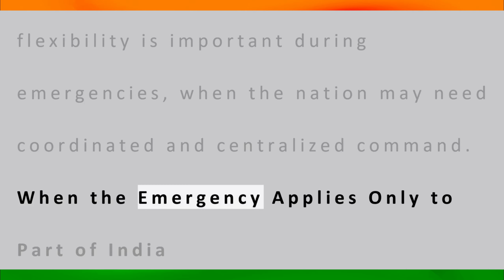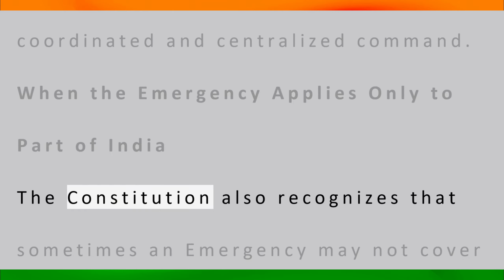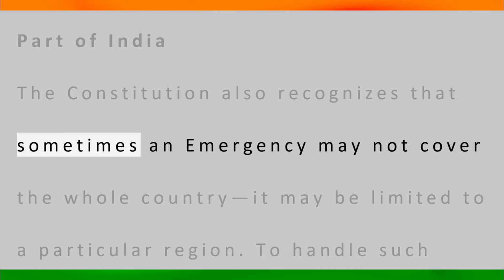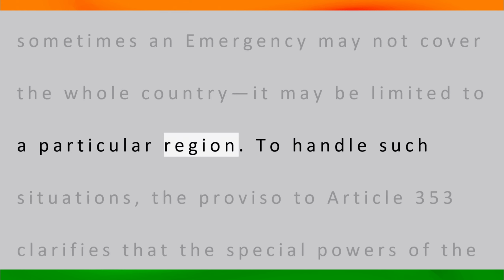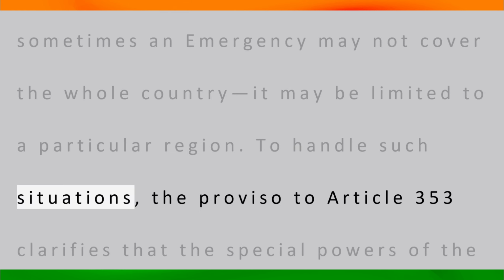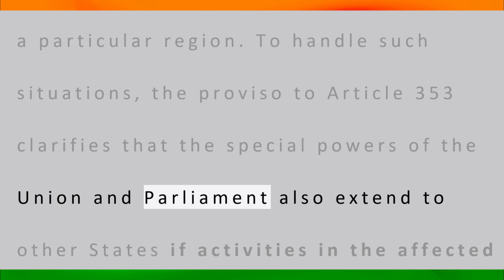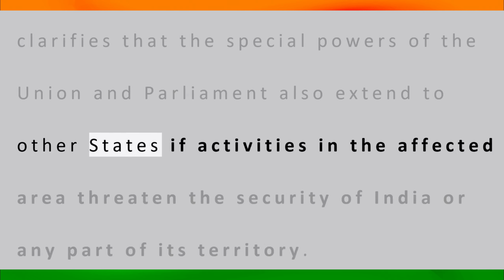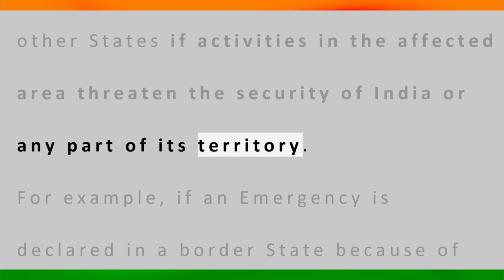When the emergency applies only to part of India. The Constitution also recognizes that sometimes an emergency may not cover the whole country, it may be limited to a particular region. To handle such situations, the proviso to Article 353 clarifies that the special powers of the Union and Parliament also extend to other states if activities in the affected area threaten the security of India or any part of its territory.